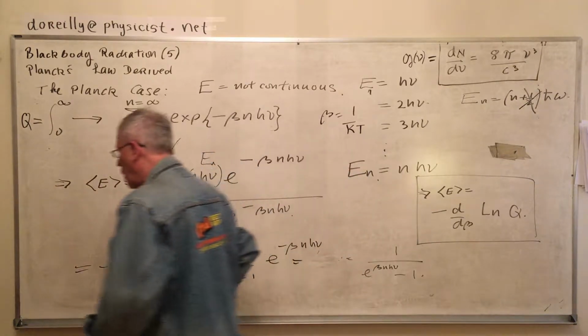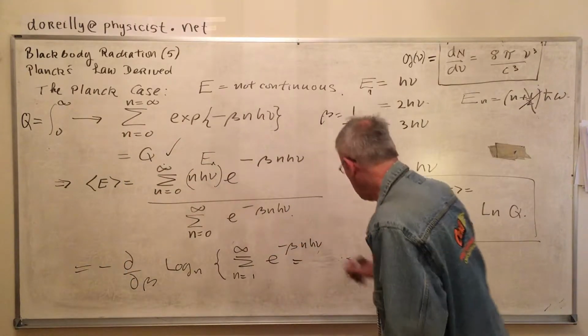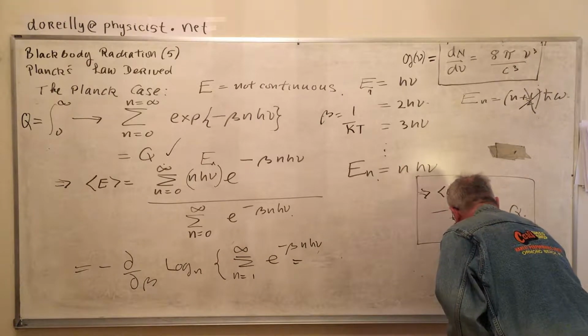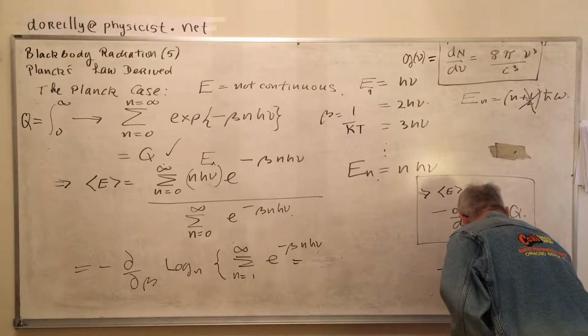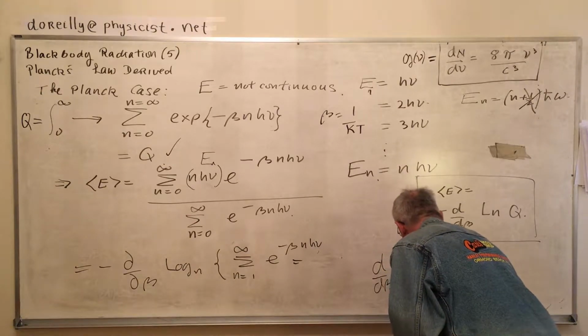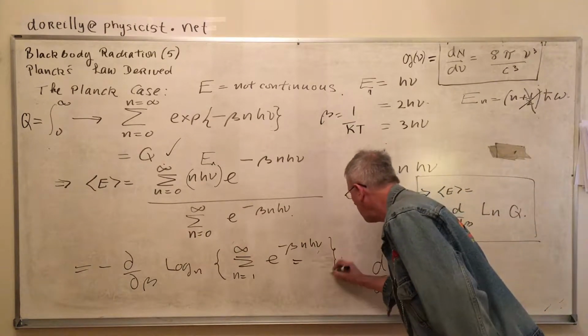Now it works out the same way as I did the discrete case. We can make sure that say that this is the same as 1 over u du by dx. Okay, we use that little relationship here, and it's the same thing over here.